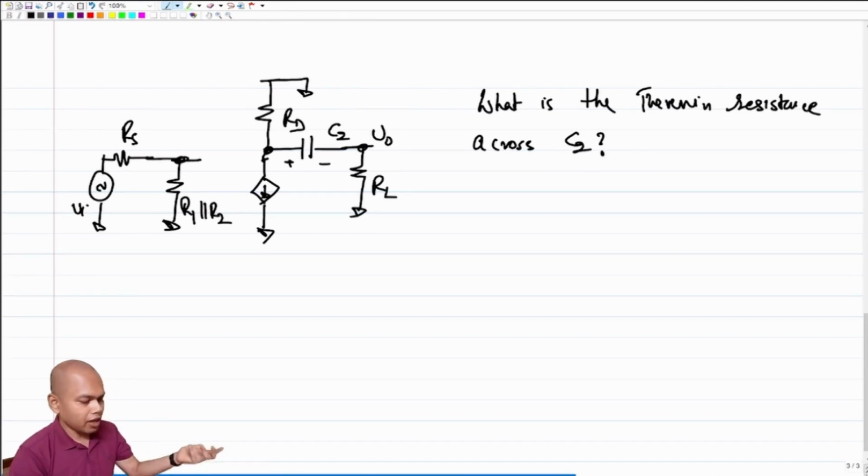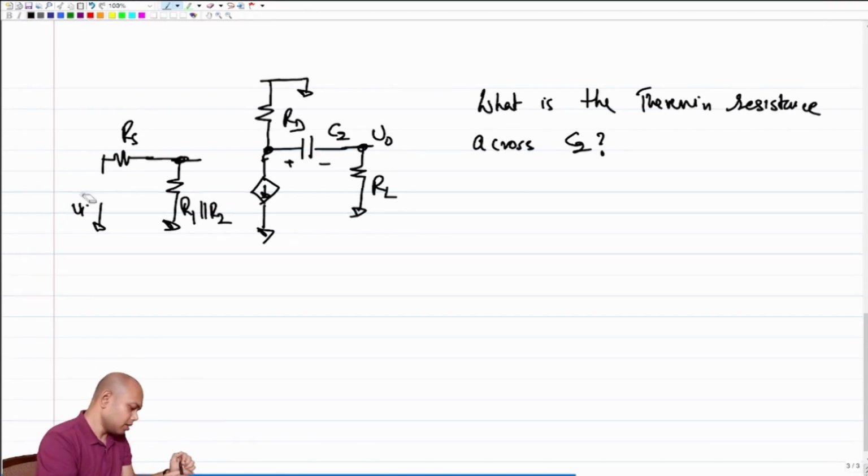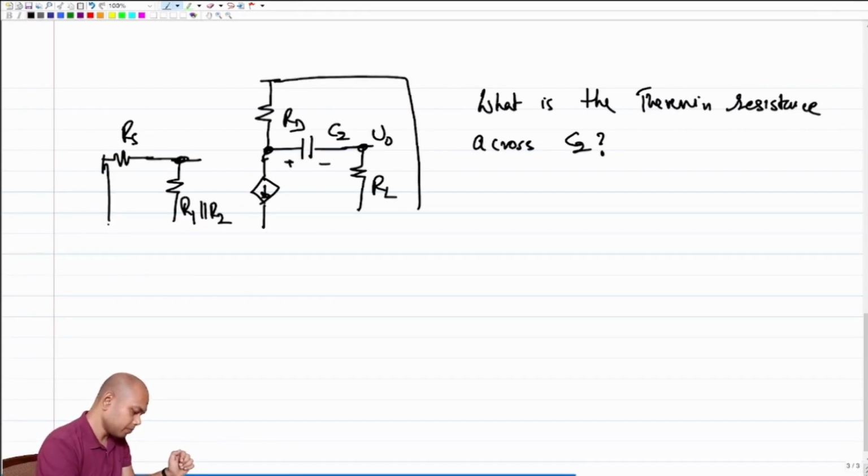Firstly, the moment anybody asks you to find resistance, or output resistance, impedance or whatever, the first thing to do is to desensitize all sources. So in this case, V1 goes to 0. V1 going to 0 means this gets shorted. So let me also short all the grounds together, because it gives a good visual representation of what is actually happening.